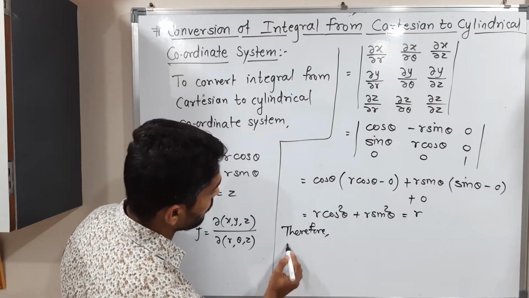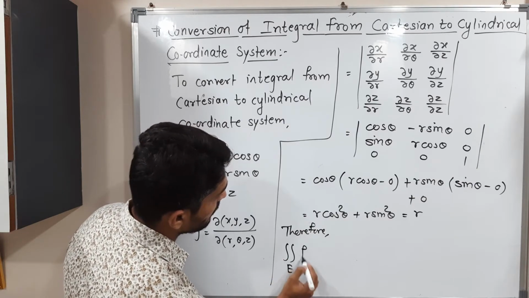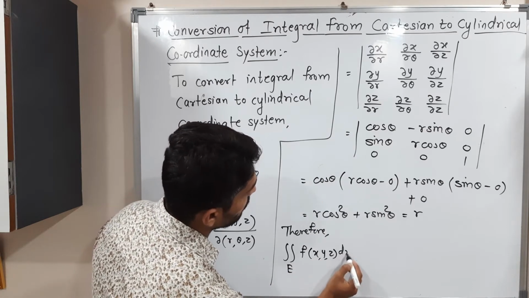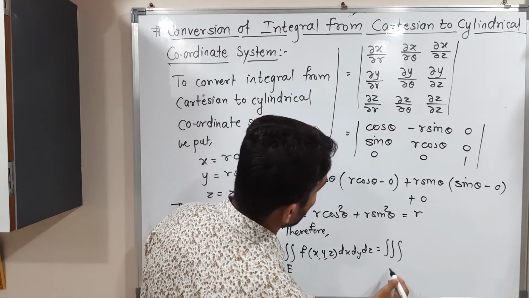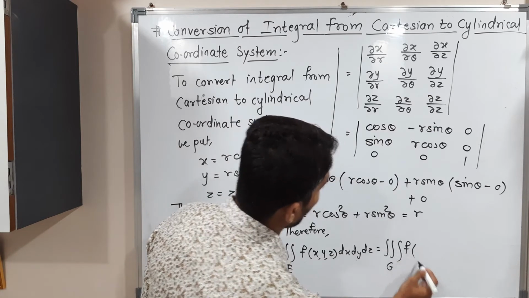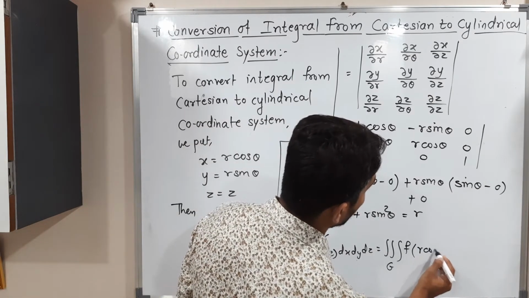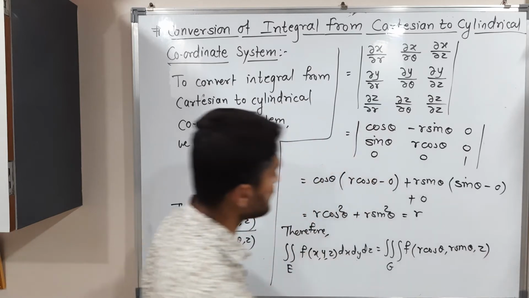Therefore, if we want to convert the problem, triple integration over g of f of xyz dx dy dz, f of x means r cos theta, y means r sin theta, and z means z.